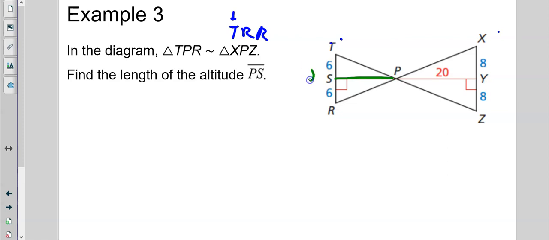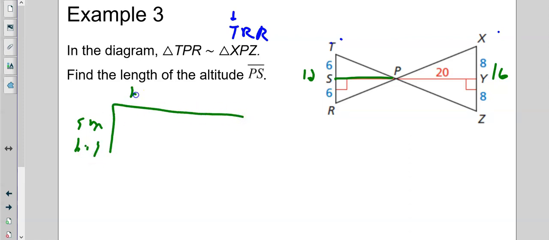If we look, we have information here. This is 12 and this is 16. So we have our small triangle and our big triangle. We have our base, and we have our altitude. So the small base is 12. The big base is 16. The small altitude is unknown.